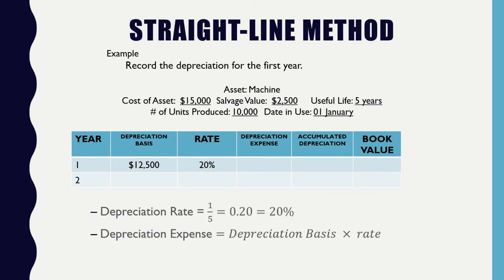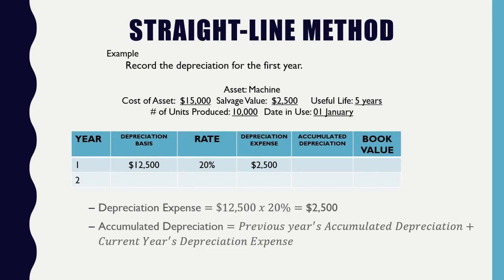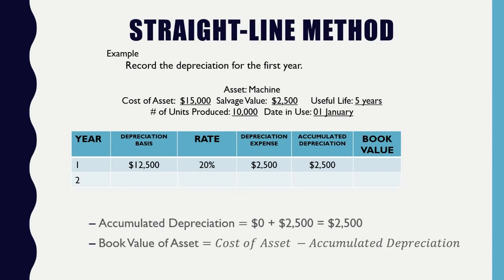Now we have to figure out the depreciation rate times the basis. So 12,500 times 20% should get you a total of 2,500. And of course, the accumulated depreciation is the same because this is the first year that we're depreciating it.